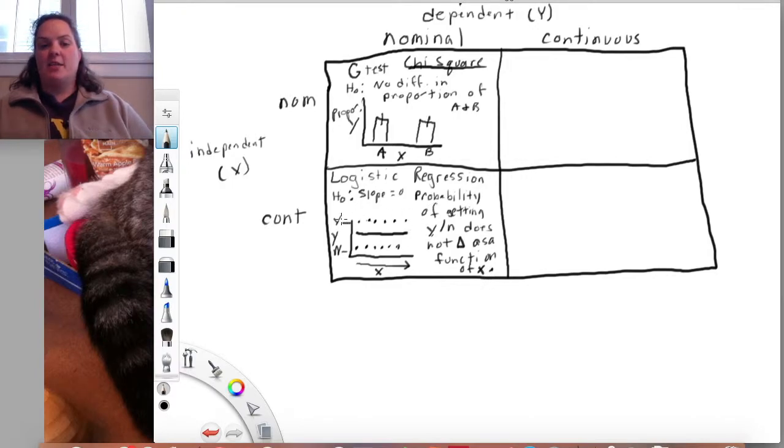Okay, and like I said, this can be survived or died. It can be a lot of different things. So that's our test when we have a nominal dependent variable and a continuous independent variable.